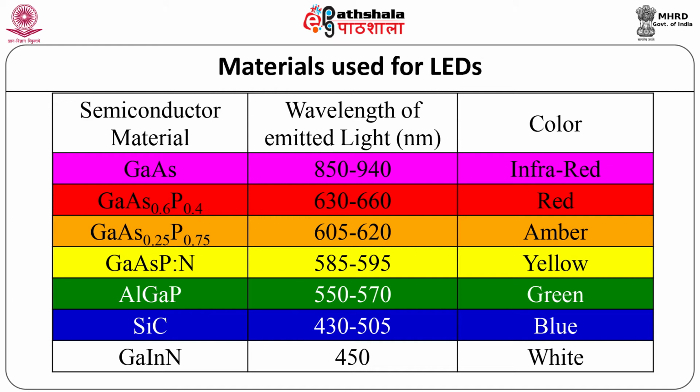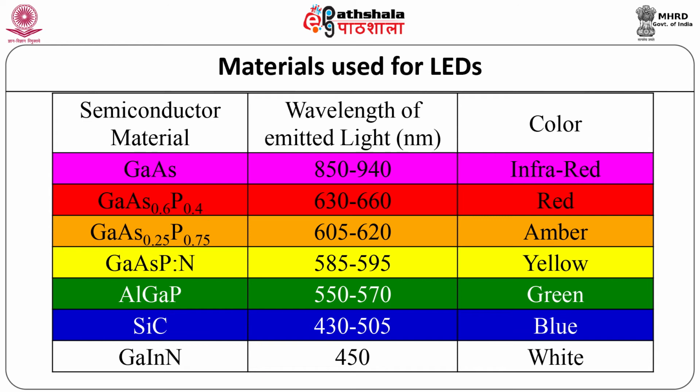For yellow color LED, materials used are gallium, arsenic, phosphorus and nitrogen. Here the wavelength of emitted light is in the range of 585 to 595 nanometer.